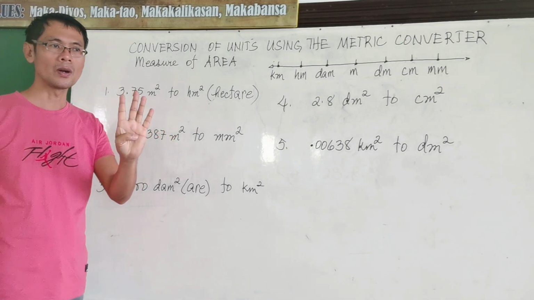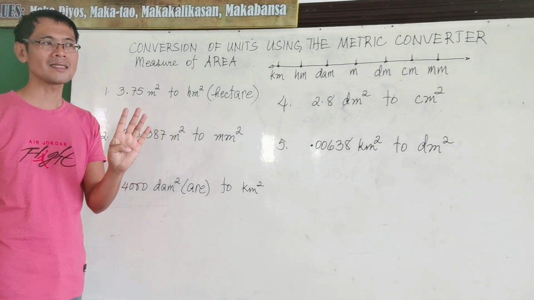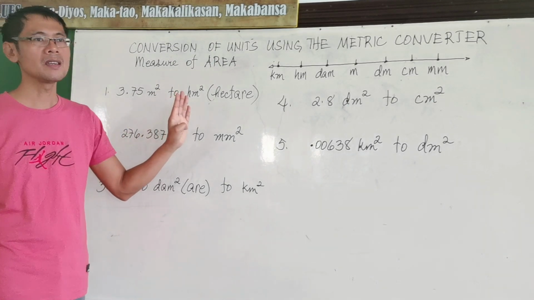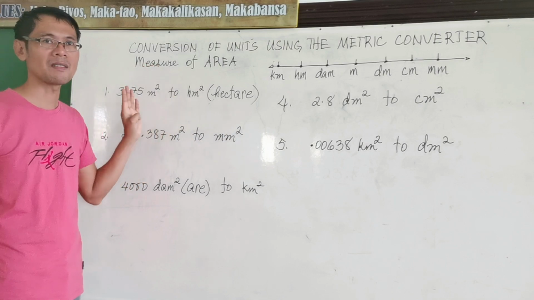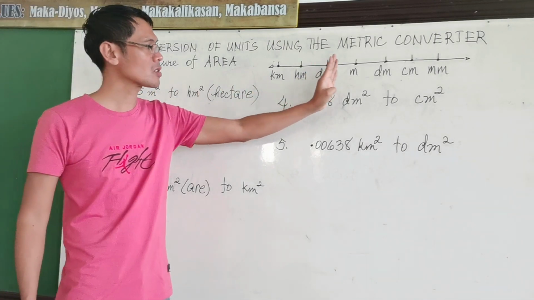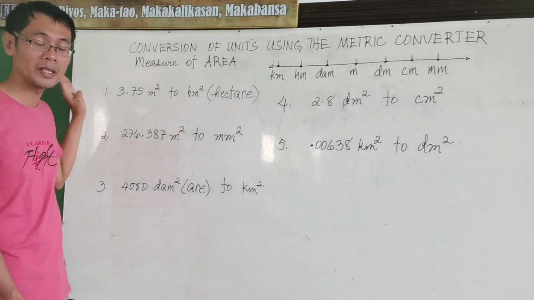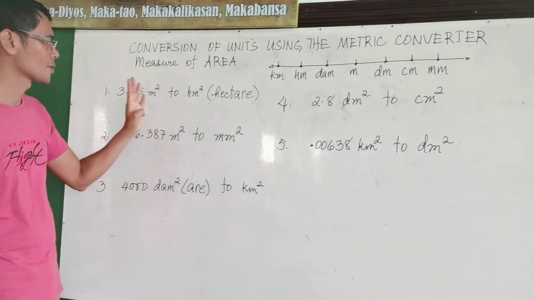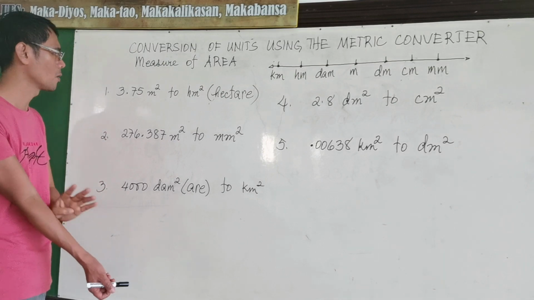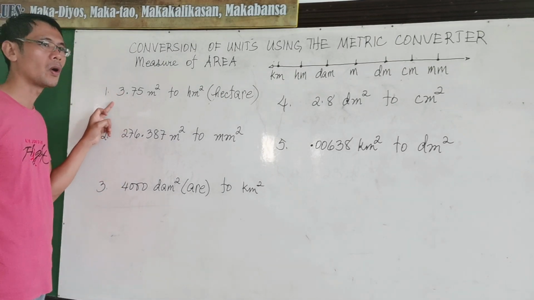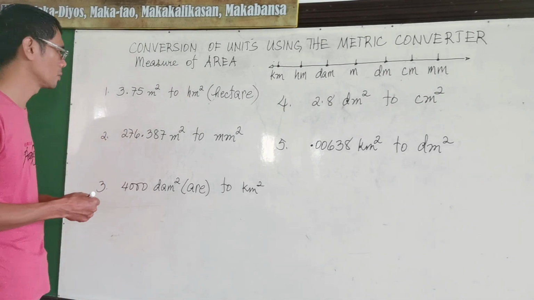And this 4 will be the number of decimal places that the point will be moved based on the direction. So the direction there is meter to HM, that is going to left. So 4 decimal places going to left. So this decimal point will be moved 4 decimal places going to left.